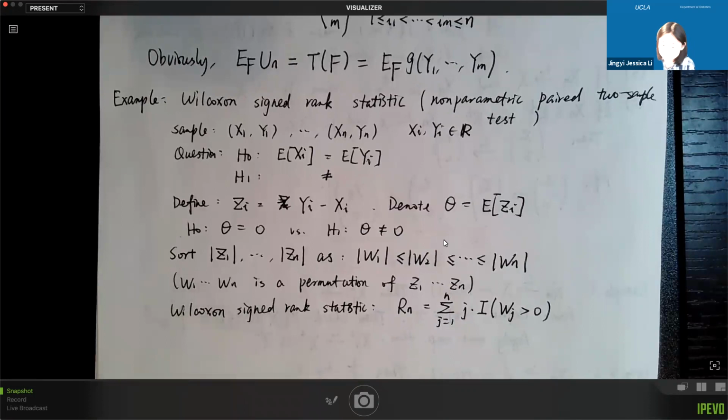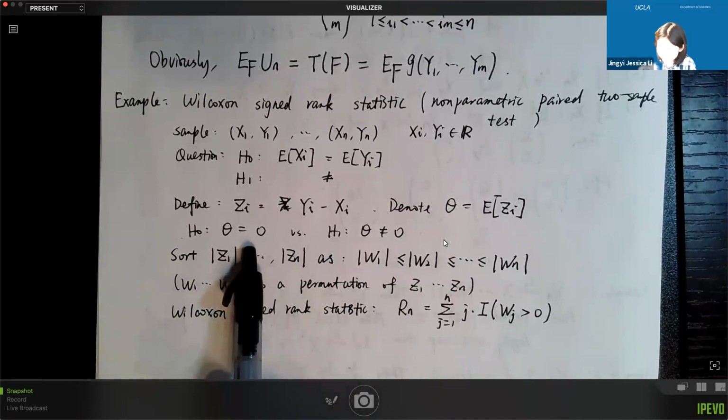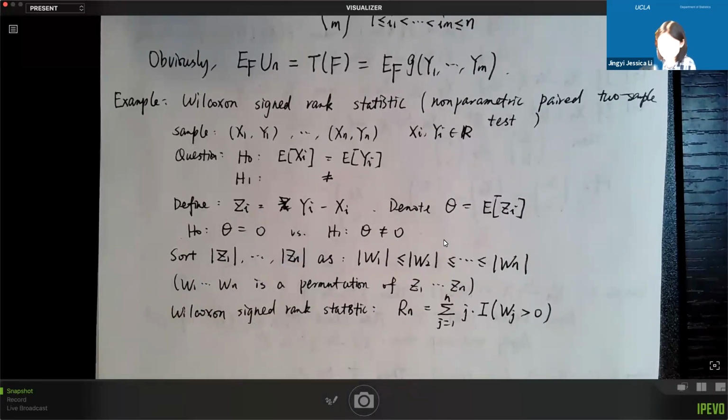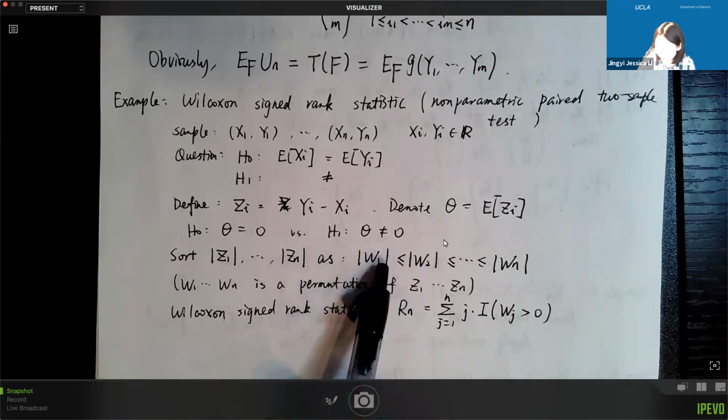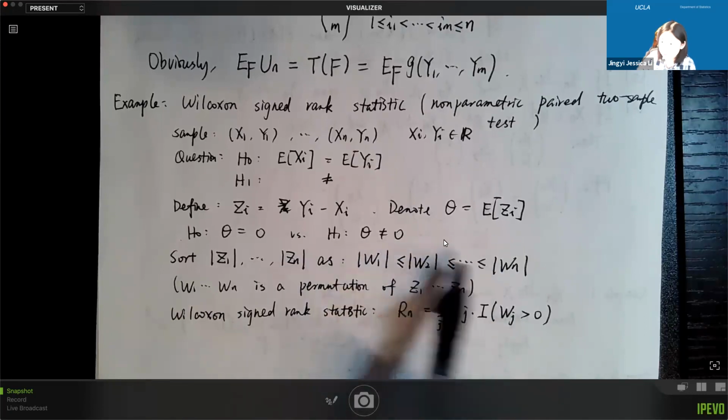So then you can imagine, if this null hypothesis is true, that is, the expectation of Zi is 0, then we can expect that Z1 to Zn will take positive or negative signs with equal chances. Therefore, if you sort them by absolute value, we should still expect that the positive Wj appear randomly in the rank list.